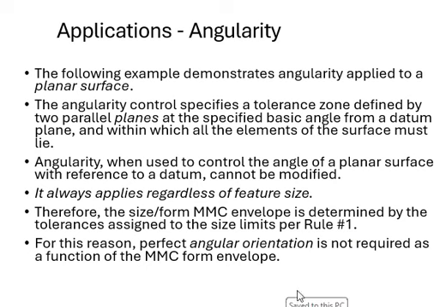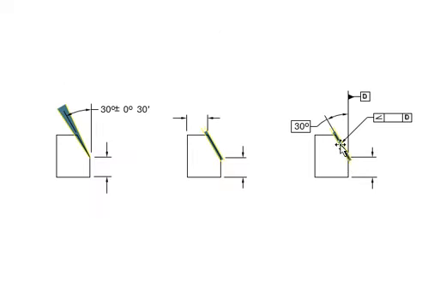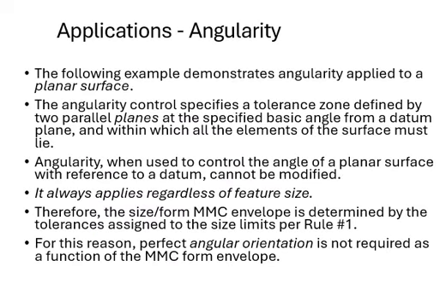So in order to get the angle right, we don't really need to do the MMC envelope. You don't really need to do the perfect angular orientation because your MMC envelope is determined by your tolerance. So we only have to give the tolerance range in order to control the angularity.